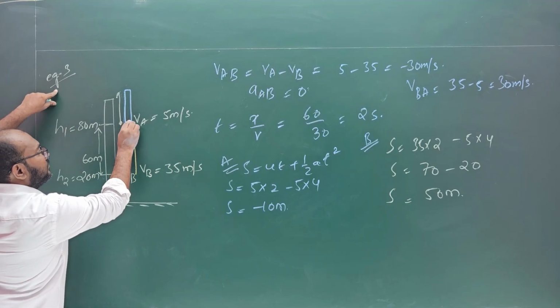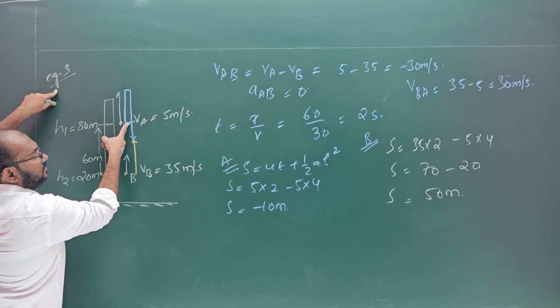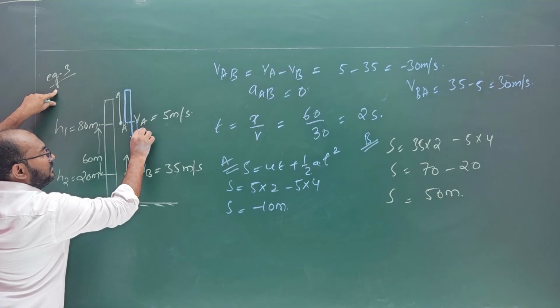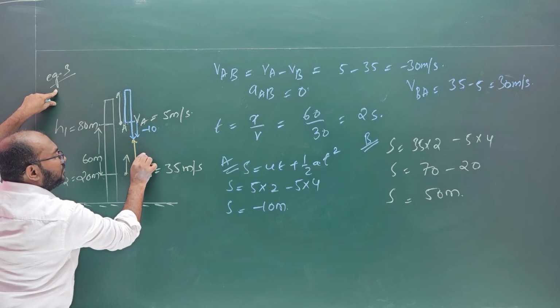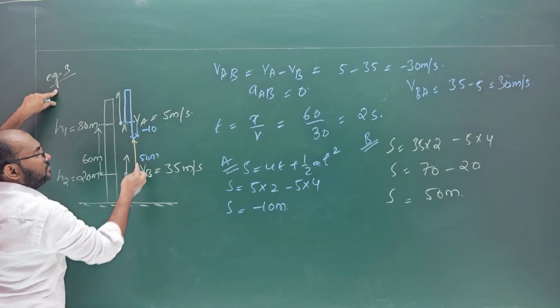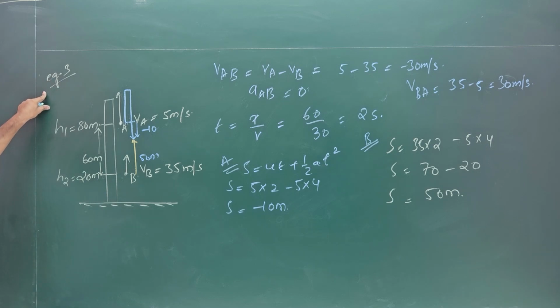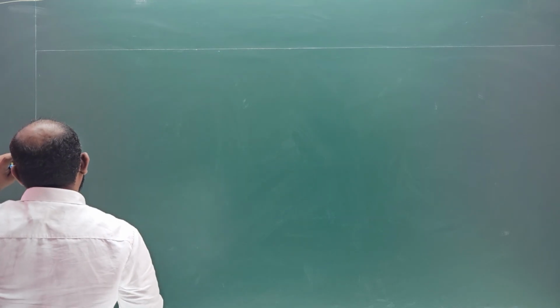That means from the initial position of A, this is negative 10 and this is your positive 50. Add these two, you will get 60 only. Got my point? So don't worry if displacement is coming out negative. That means the object returned back, maybe going in the downward direction at that time.